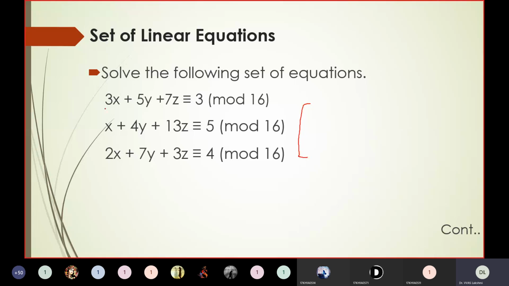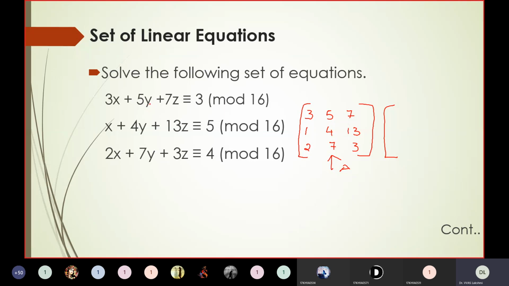Here the first row is 3, 5, 7, next 4, 13, after that 2, 7 and 3. All these values form the matrix A and matrix B.